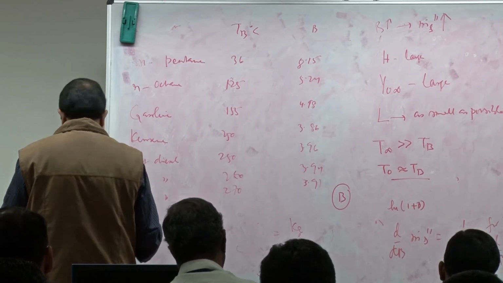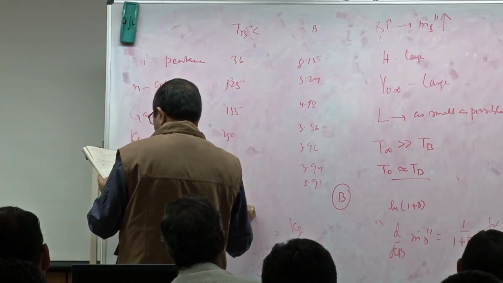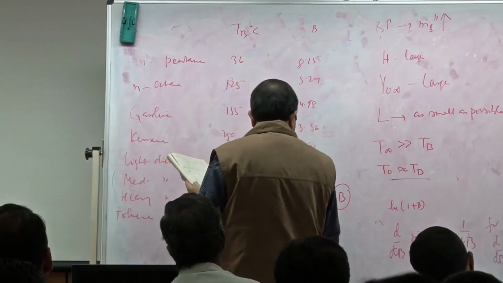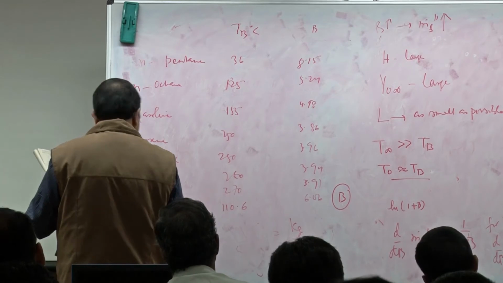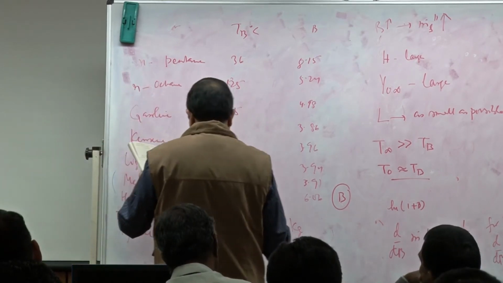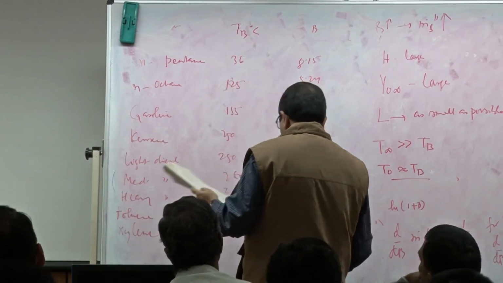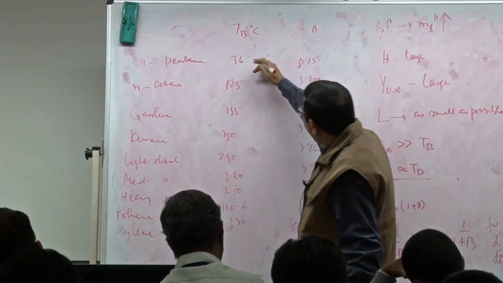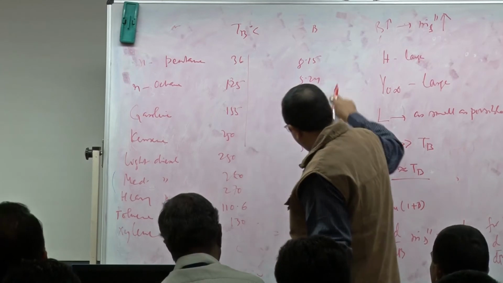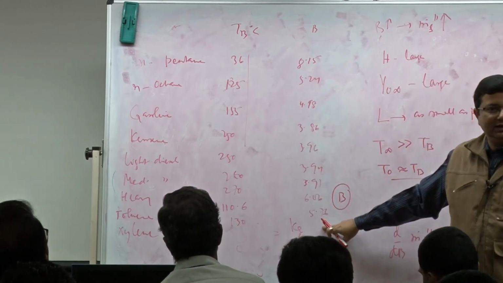Toluene, xylene 130, 5.76. So, essentially what you see is that the influence of boiling point is much more on B, right.